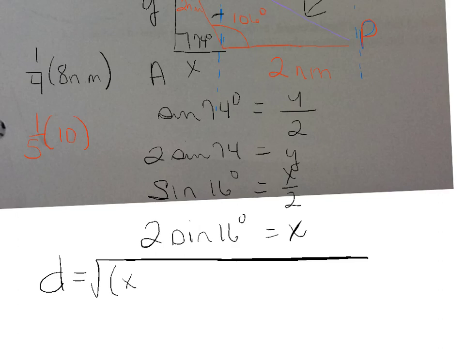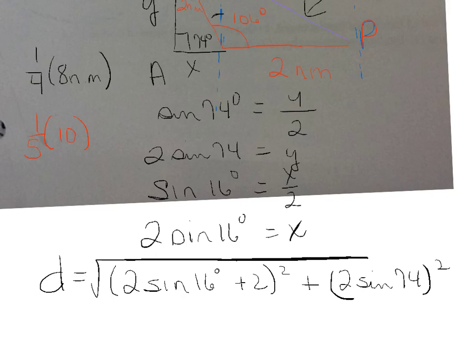Well, hang on. We know what x is. x is twice the sine of 16 plus 2, squared, plus, what is y? Twice the sine of 74, squared. So the hard part here is just putting it in your calculator.